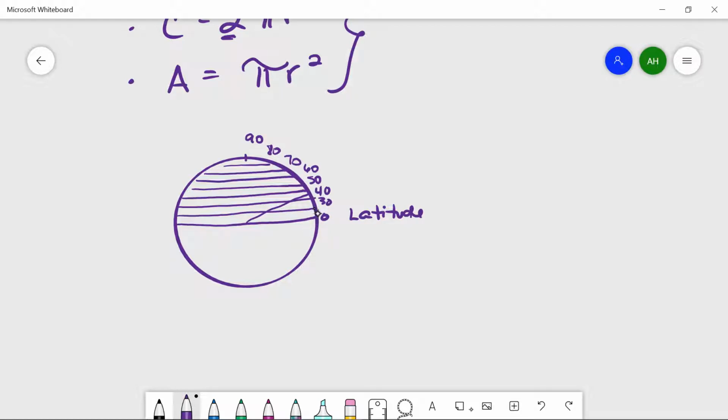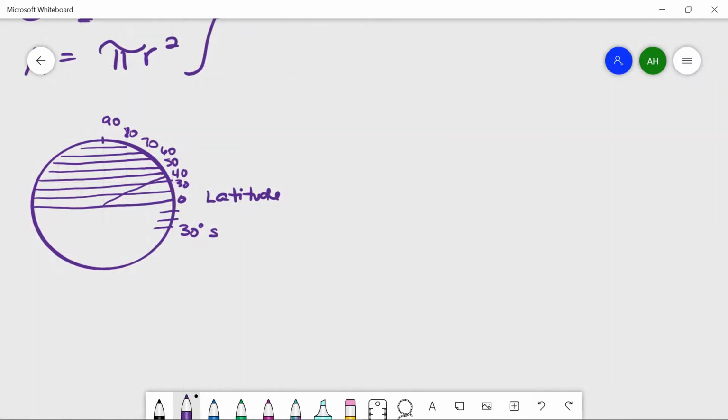Am I 10 degrees north? 20 degrees north? 30 degrees north? So that's north of the equator, or 10, 20, 30 degrees south of the equator. Only the equator is an actual circumference. The other lines are going to be smaller because they're going across a smaller part of the Earth.